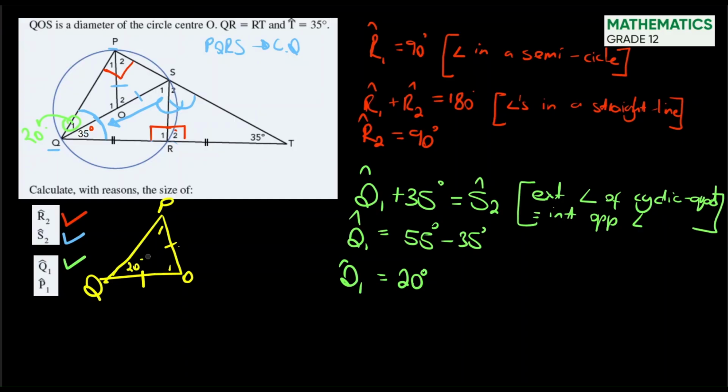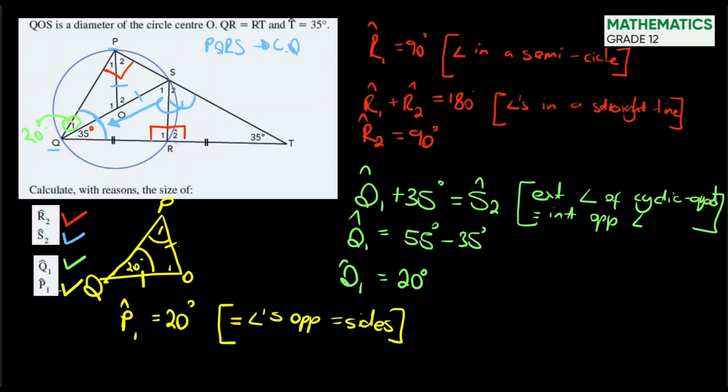We know that this is an isosceles triangle, because in an isosceles triangle, two sides are equal. And if the sides are equal, we know that the base angles will also be equal, which means angle P1 will be equal to angle Q1, which is equal to 20 degrees. And our reason for that will be: equal angles opposite equal sides.